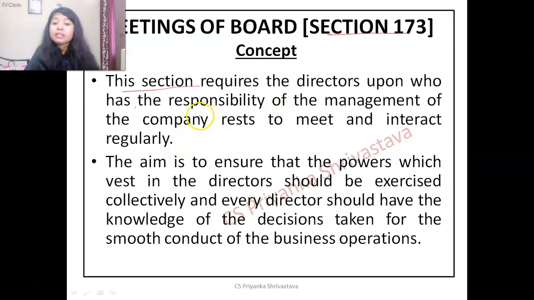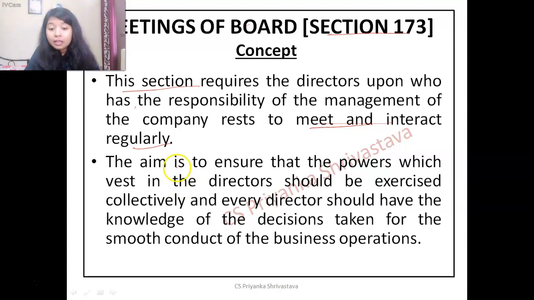So basically this section makes it mandatory for those directors who have the responsibility of the management of the company to meet and interact regularly. To meet and interact regularly, they conduct a meeting which is called a board meeting.